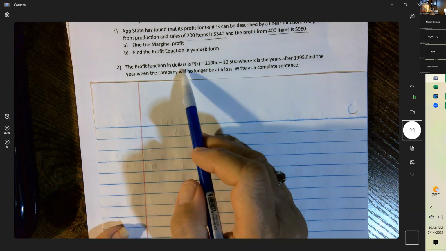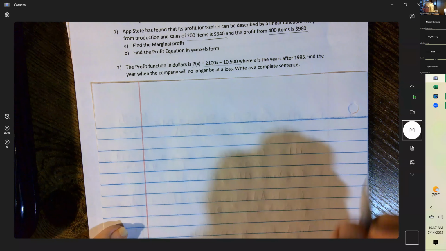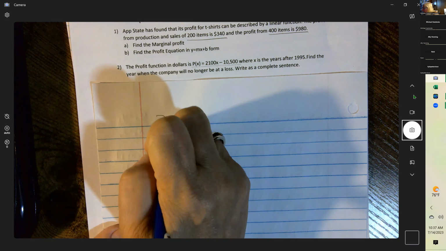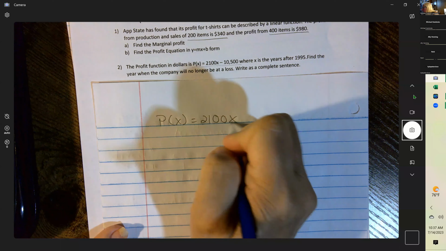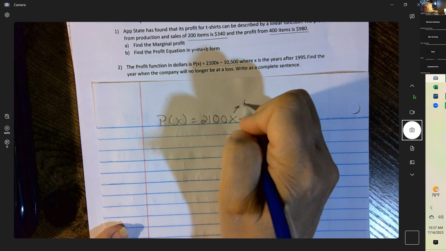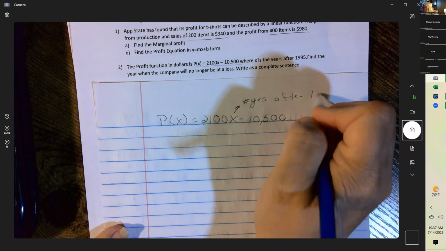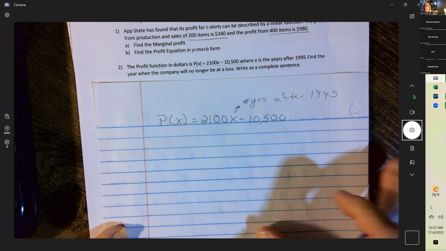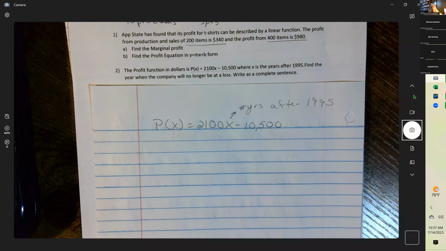The profit function in dollars is given by this equation, where X is the years after 1995. Find the year when the company will no longer be at a loss.